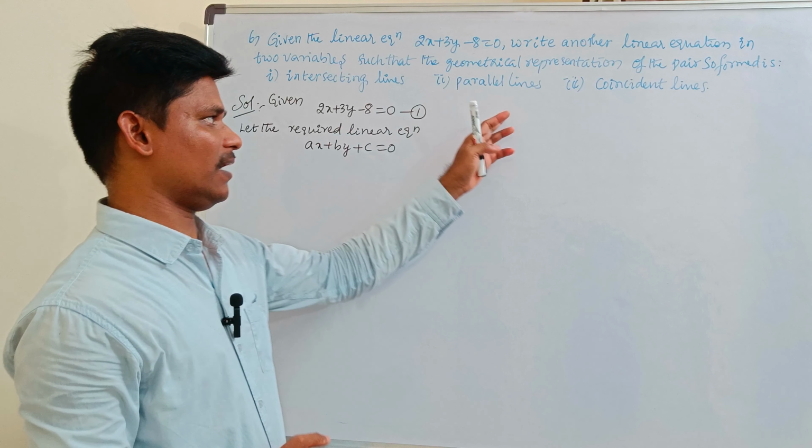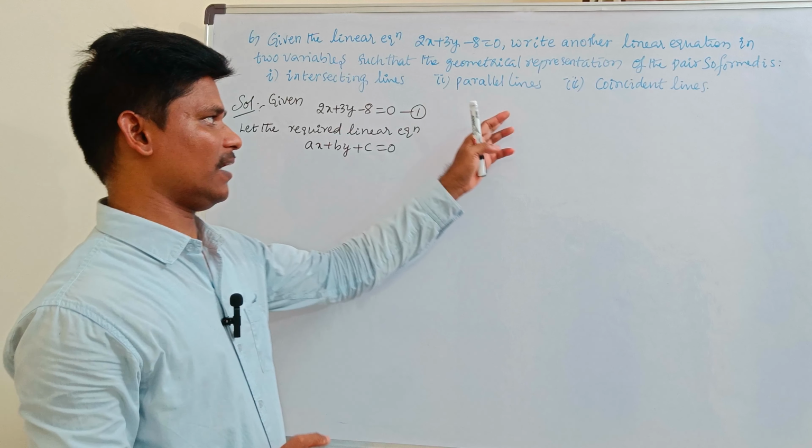So here the ratio is a1 by a2. Write the coefficients also. a1 is equal to 2, b1 is equal to 3, c1 is equal to minus 8. Next, a2 is equal to a, b2 is equal to b, c2 is equal to c.